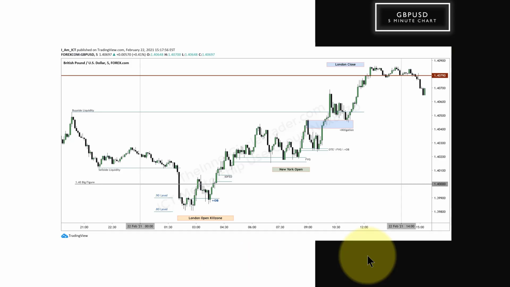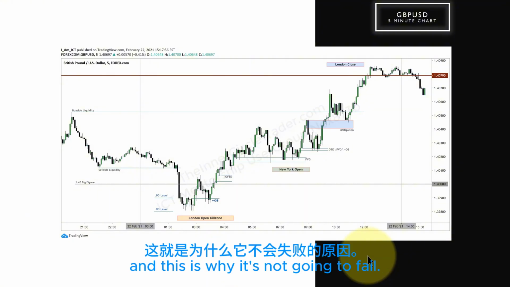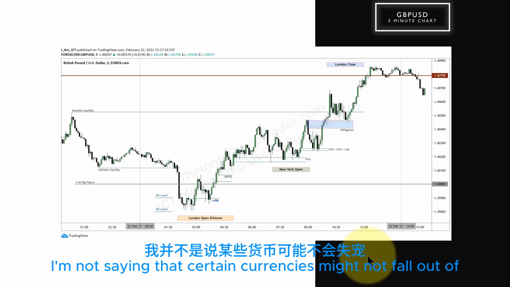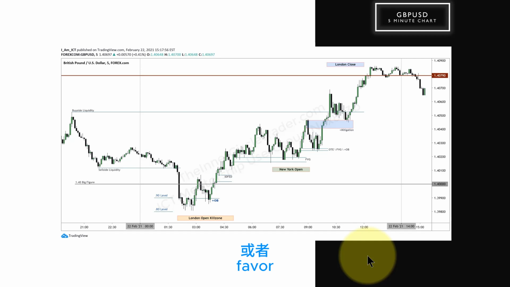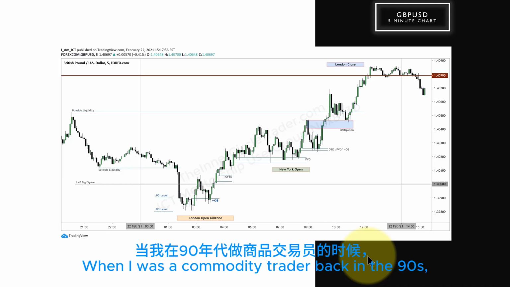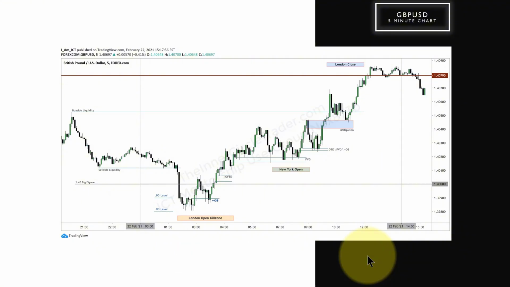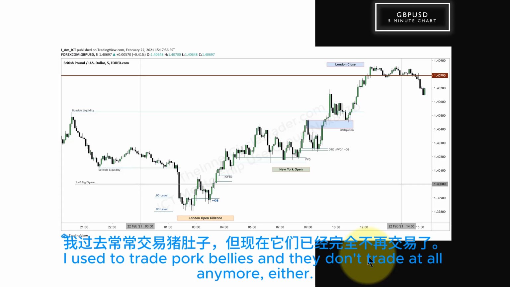If you consider what the algorithm is actually doing, this is why it's not going to fail. When I say it's not going to fail, I'm not saying that certain currencies might not fall out of favor or liquidity. For instance, Deutschmark. When I was a commodity trader back in the 90s, I used to trade the D-Mark. Well, we don't trade D-Mark anymore. Much like a commodity, pork bellies. I used to trade pork bellies, and they don't trade at all anymore either.